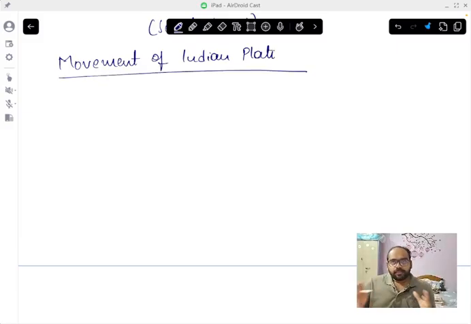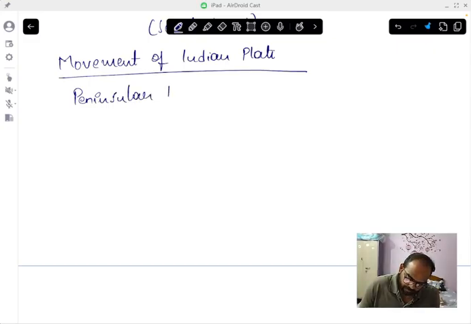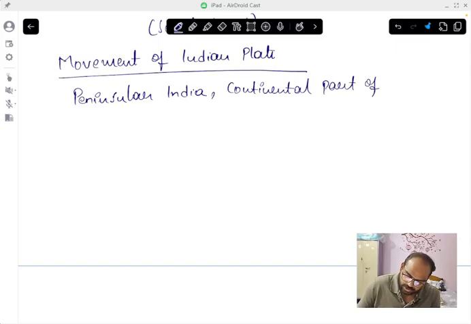What does the Indian plate consist of? The Indian plate consists of our peninsular India, I hope you know what a peninsula is, and the continental part of Australia.